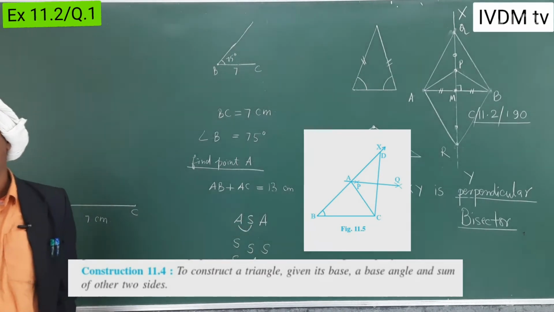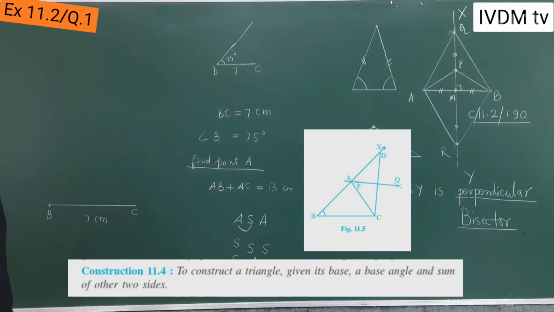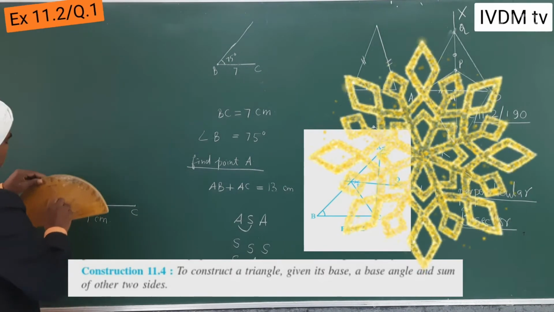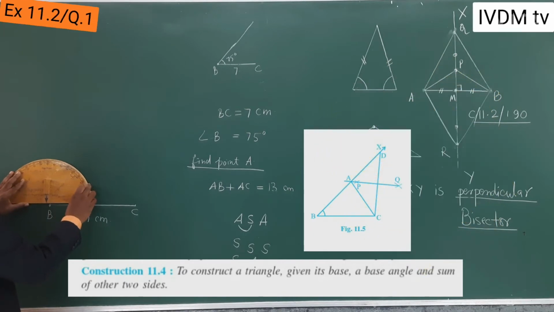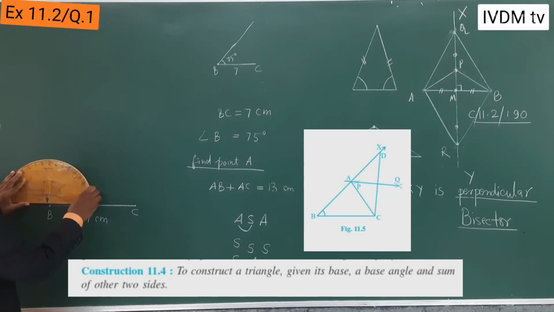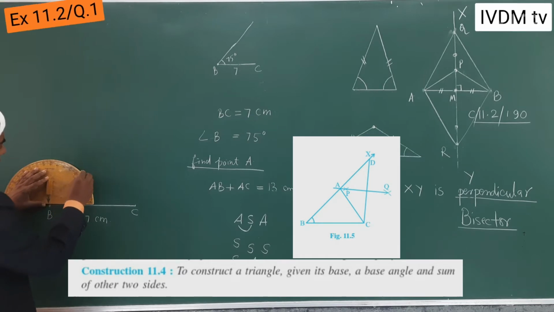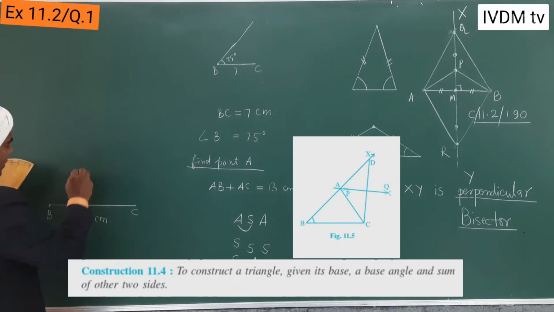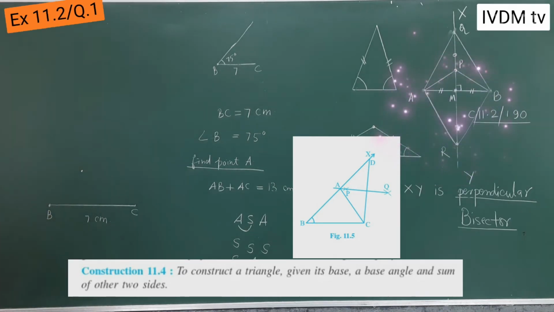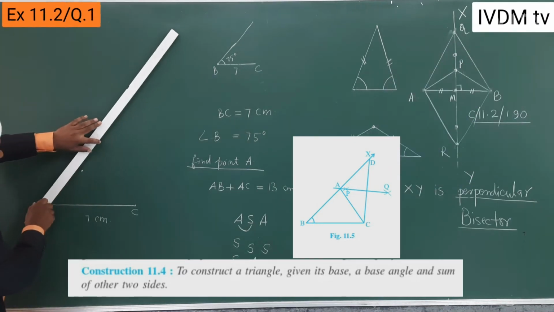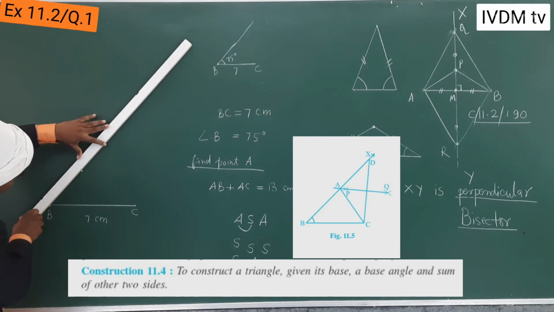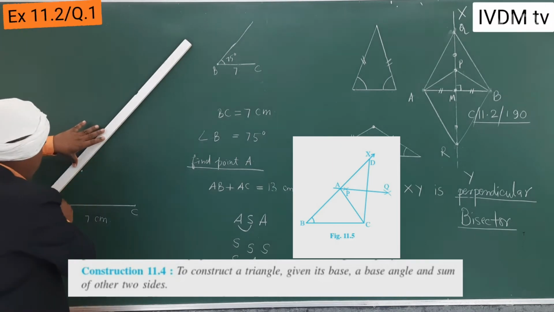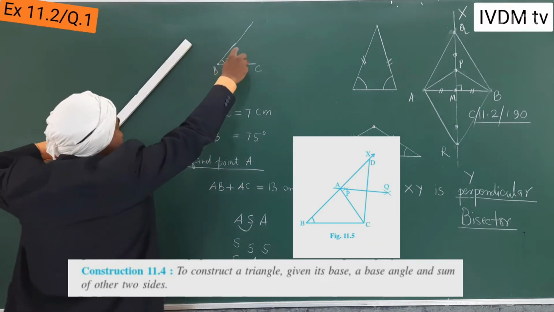Angle B is equal to 30 degrees. Then you can use your compass and protractor, both. So I will use my protractor here, 30 degree. So this is 30 degree, and then point A will be here.